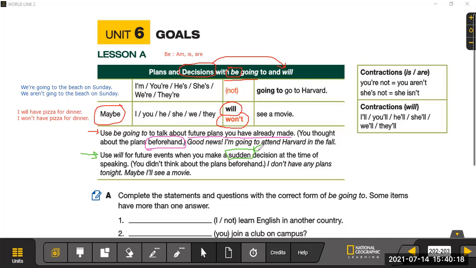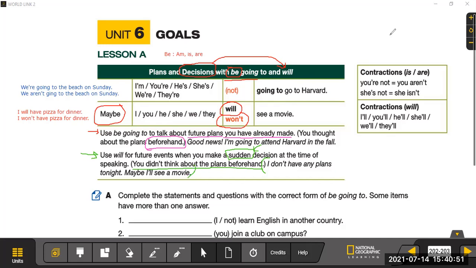Sudden decision means decisión repentina. Ok, no estábamos pensando acerca de eso, sino que en el momento se nos ocurrió eso, so that is a sudden decision. And as you see here, you didn't think about the plans beforehand. Example, I don't have any plans tonight. Maybe I will see a movie.